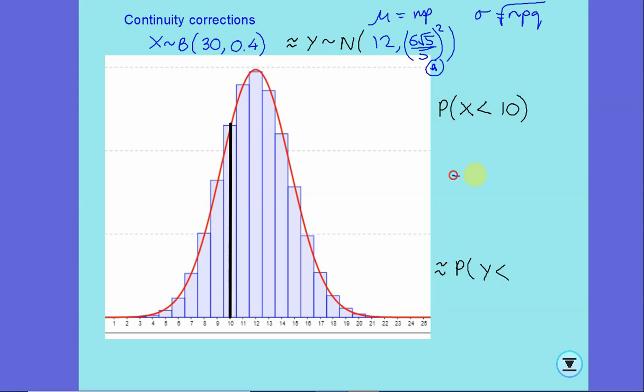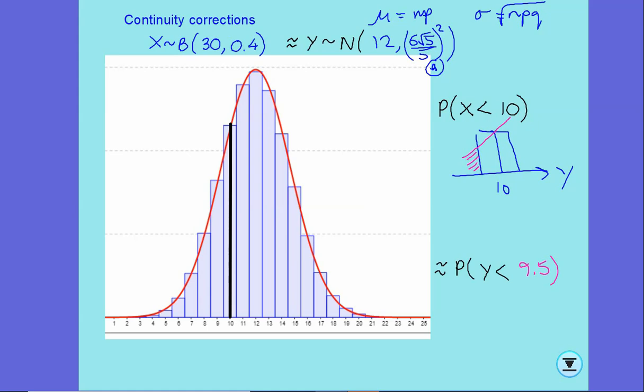But I'm going to draw a picture of that myself. So here we go. Y, that's 10, there's my box. 10 is on the left side of the mean, so it's coming up here. We want everything less than 10, so we don't want the box, we want it before the box. So this is approximately equal to the probability for the y variable, the continuous variable, less than 9.5. And now we can do that on our calculators.